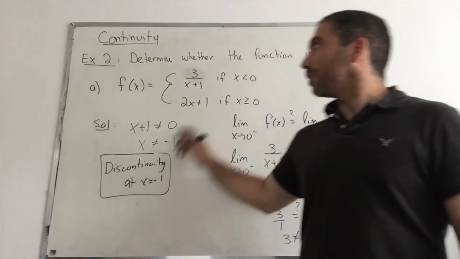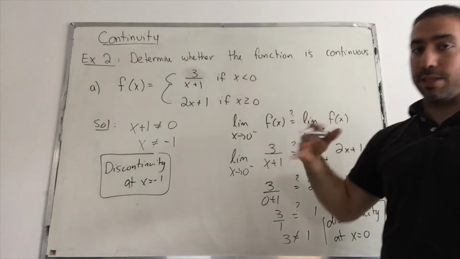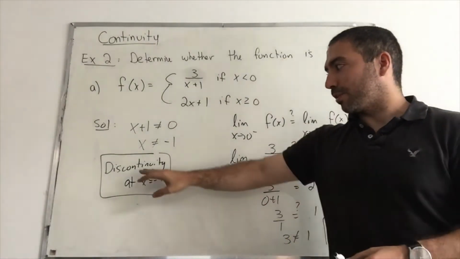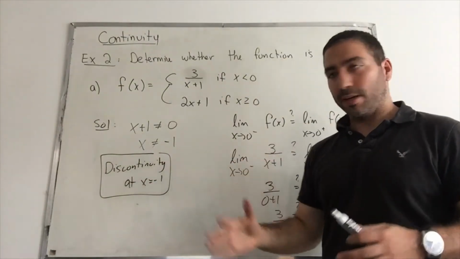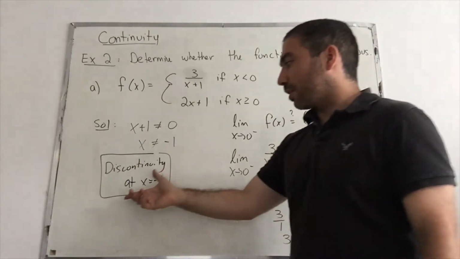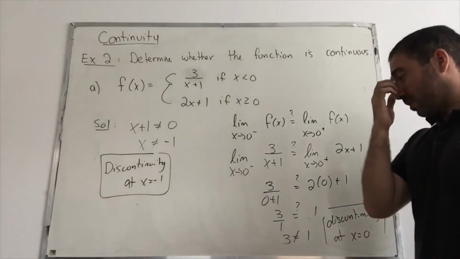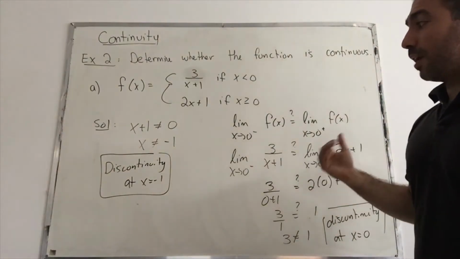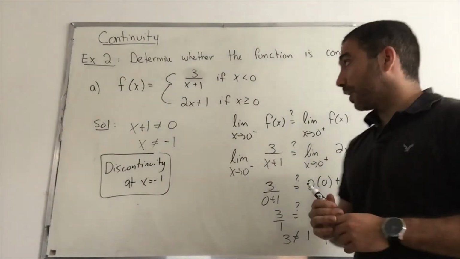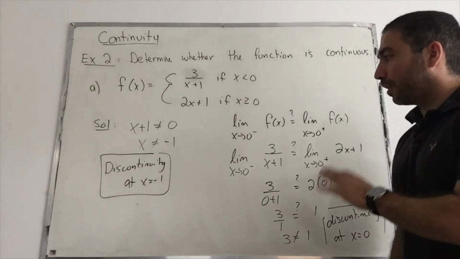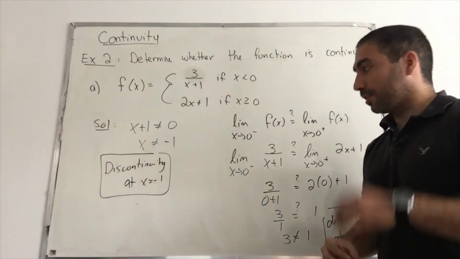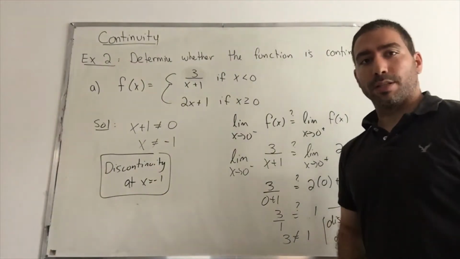You could have stopped at the first one just to answer the question, because it's asking whether it's continuous or not. But to be more precise, we have a discontinuity at x equals negative 1, and we have another discontinuity at x equals 0. Later we're going to see how to distinguish which type of discontinuities we have. Okay. So far if you got the answer that the function is discontinuous, that's correct. Good. Let's do another example.